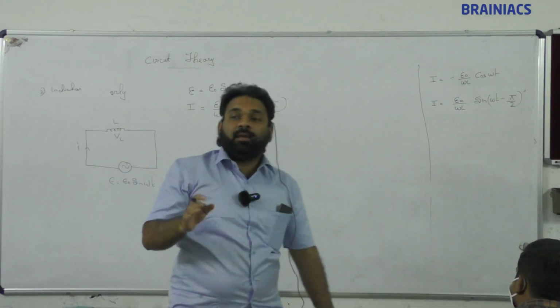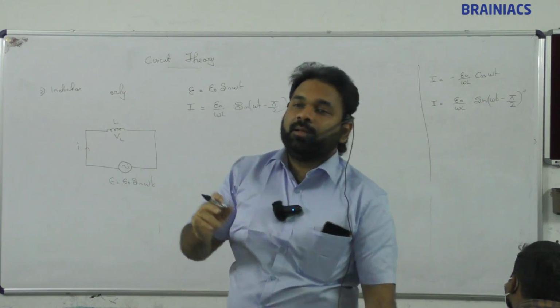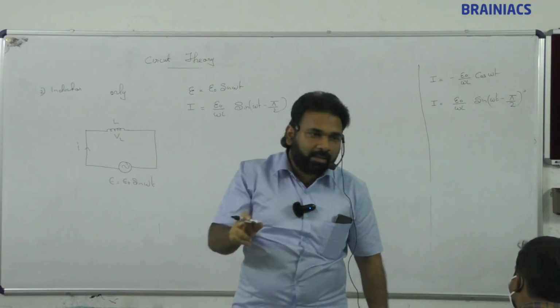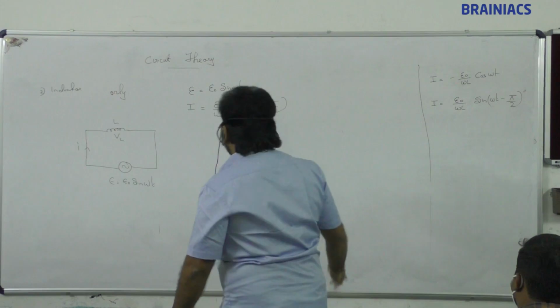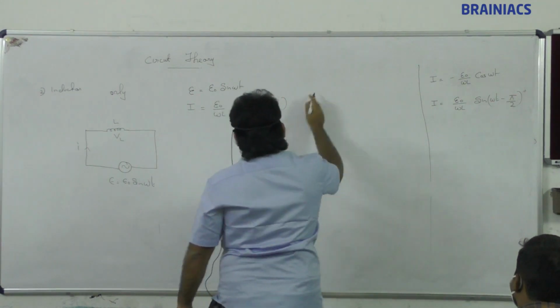That means in an inductor the current lags the voltage by pi by 2. That's it, done. Easy.